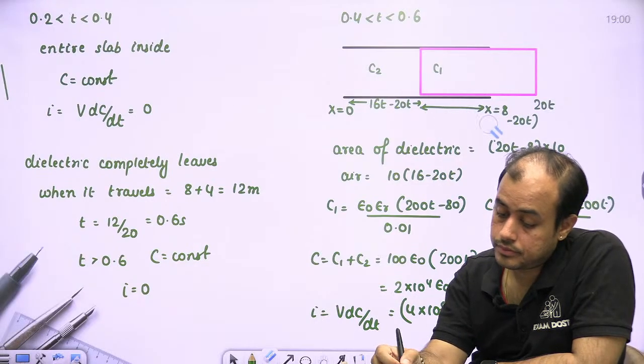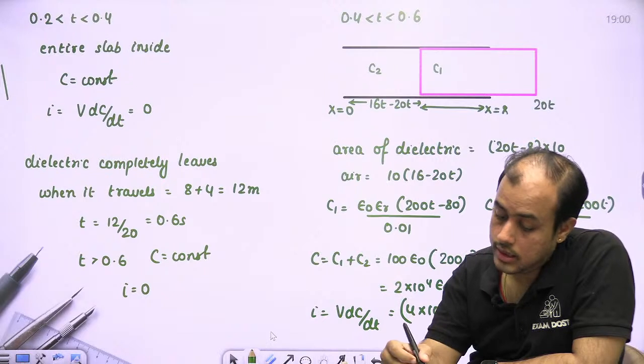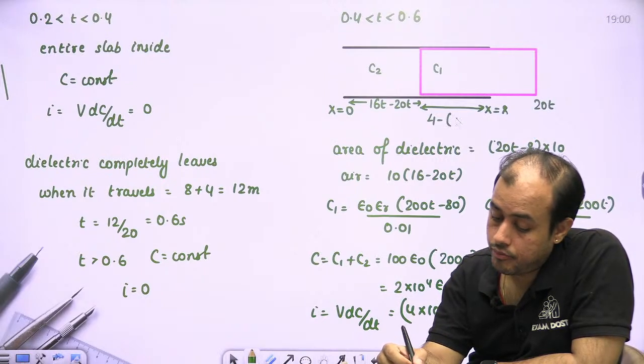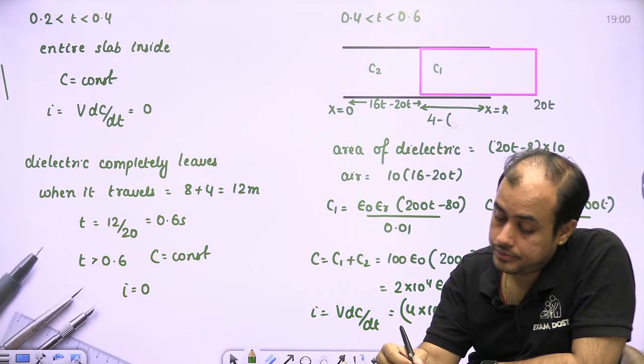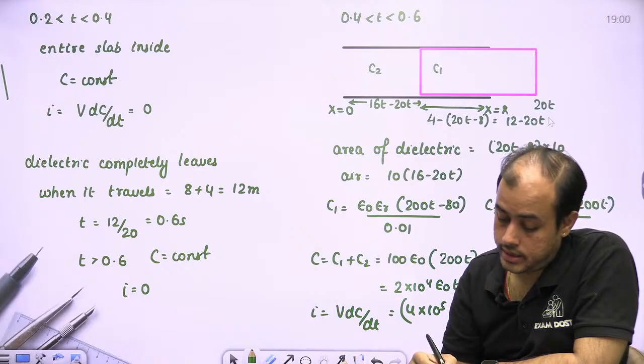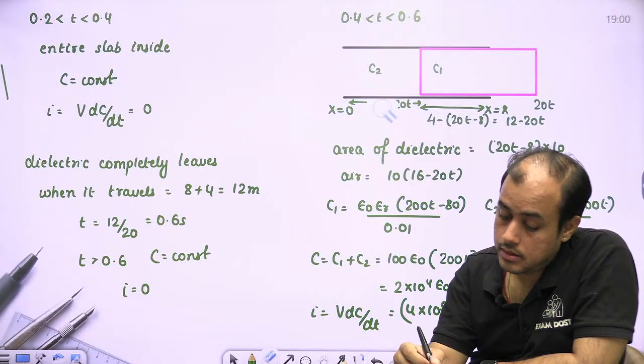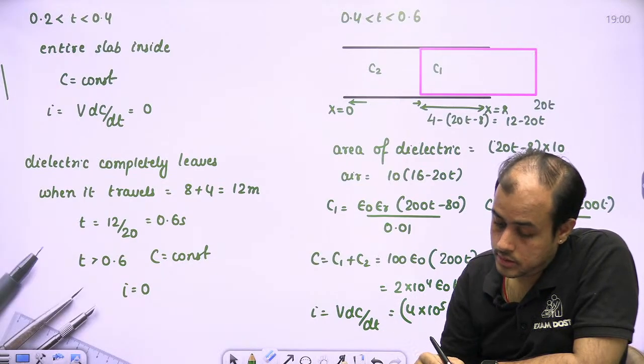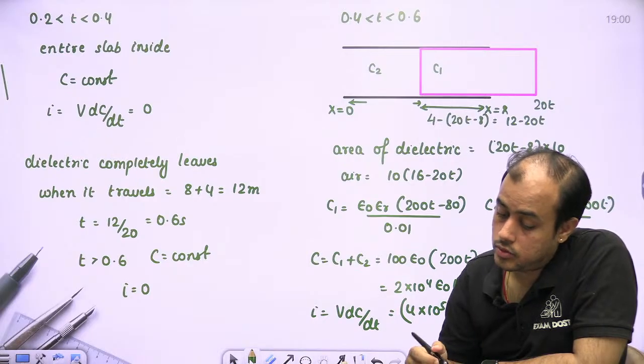The total length is 4. 12 minus. How much will this be? 8 minus 12 minus 20t.